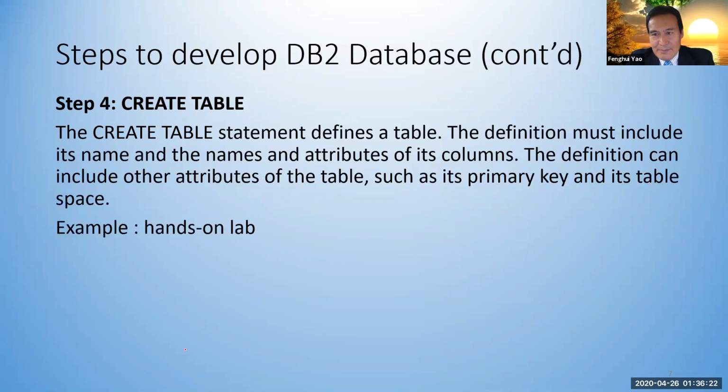The definition must include its name and the names and attributes of its columns. The definition can include other attributes of the table, such as the primary key and its table space. We will have examples when we have hands-on labs.